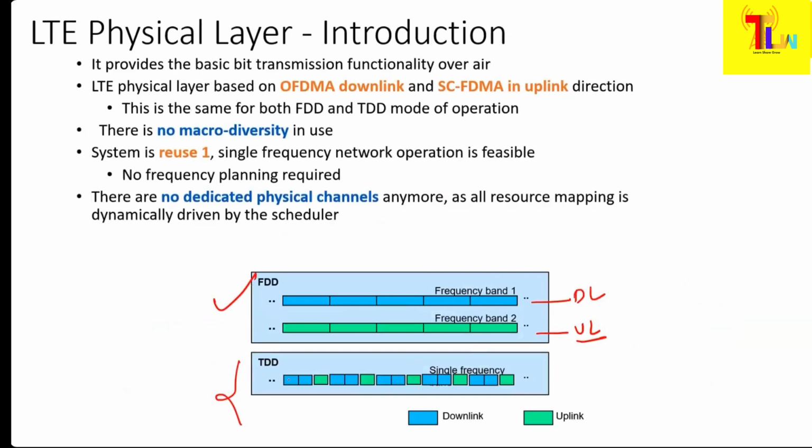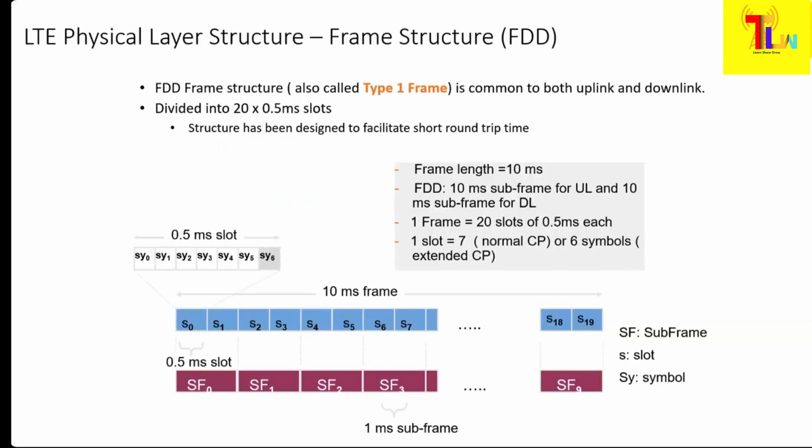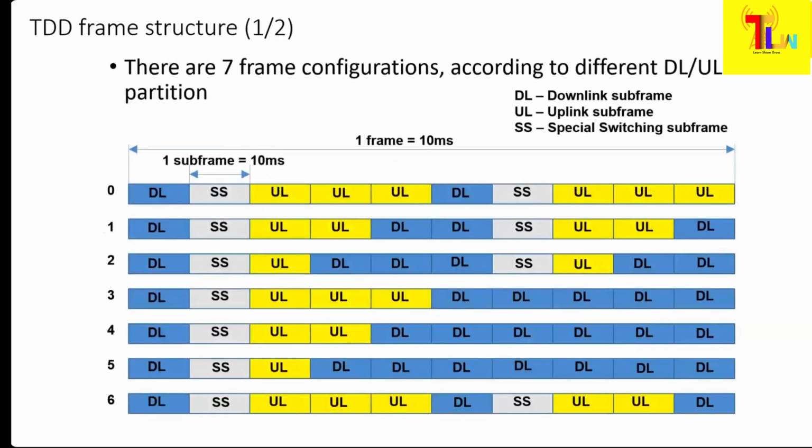Some subframes will be for downlink, some subframes will be for uplink. So what are the possible structures for downlink and uplink? These are a fixed number of structures where TDD is deployed. So how many subframes do we have?